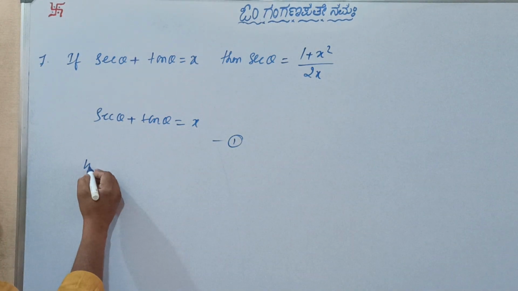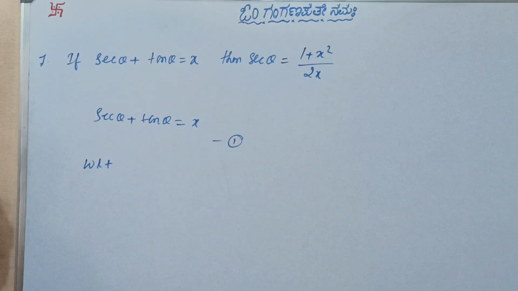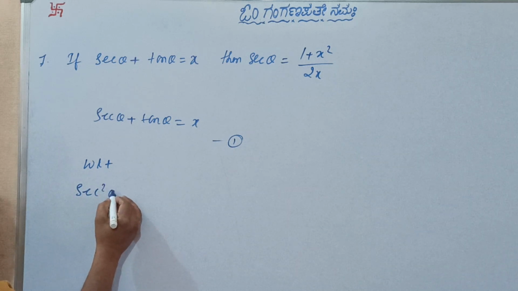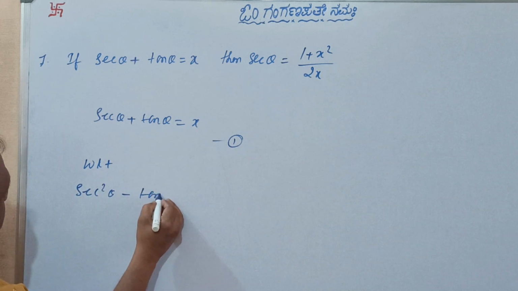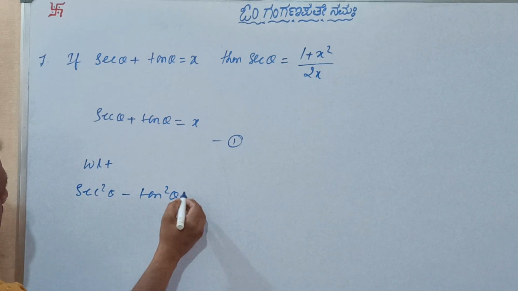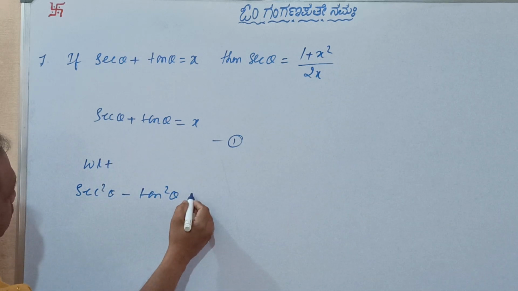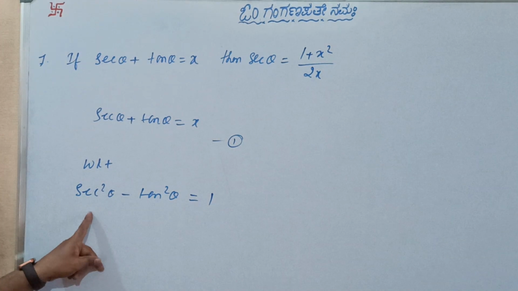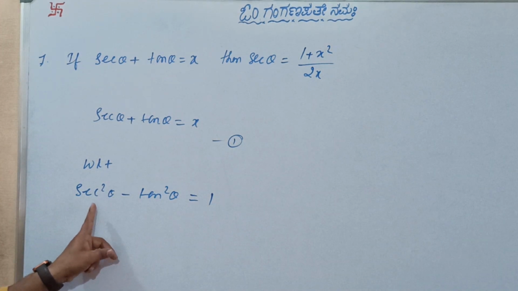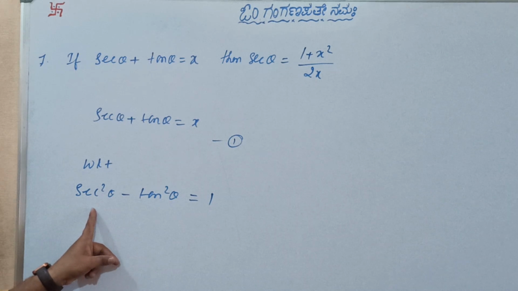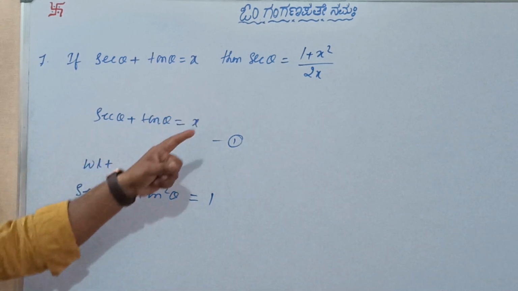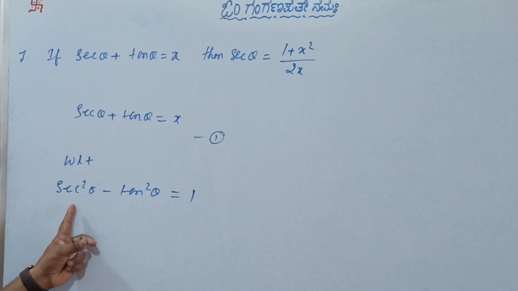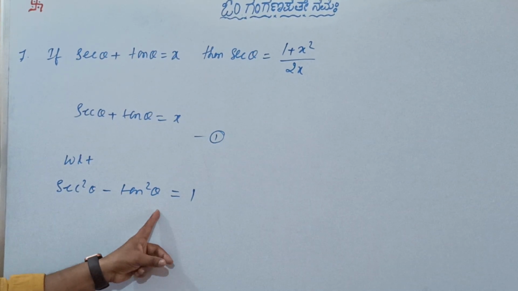We know the identity sec square theta minus tan square theta is equal to 1. We'll consider this identity and we are going to prove sec theta is equal to 1 plus x square by 2x. This is of the form a square minus b square.